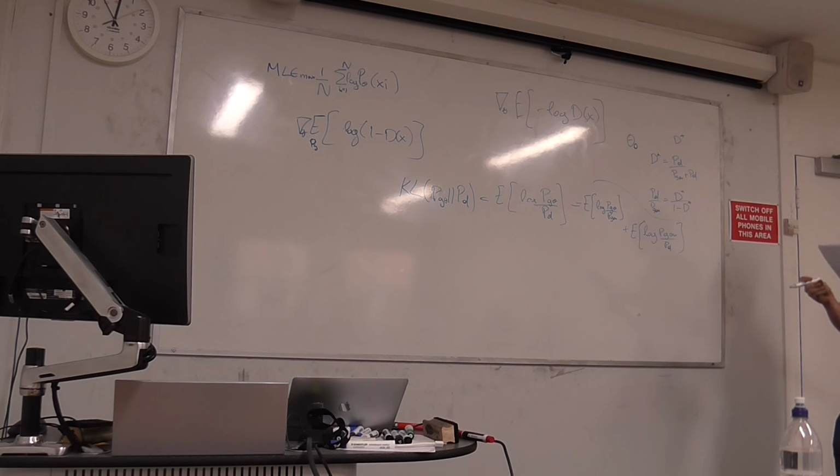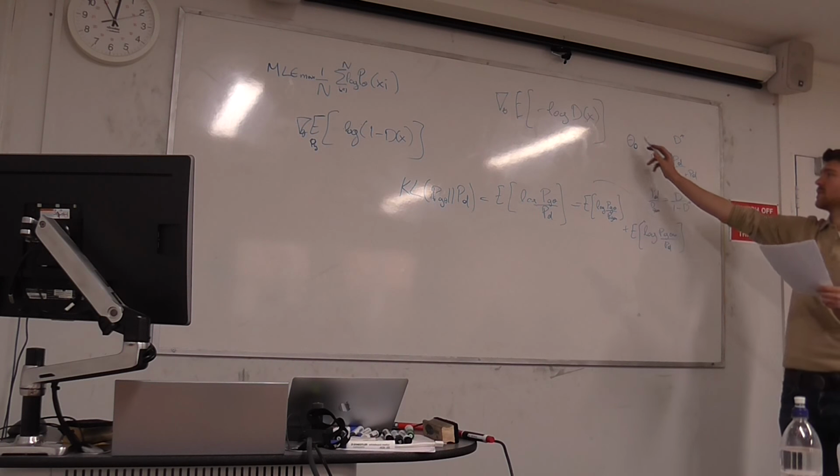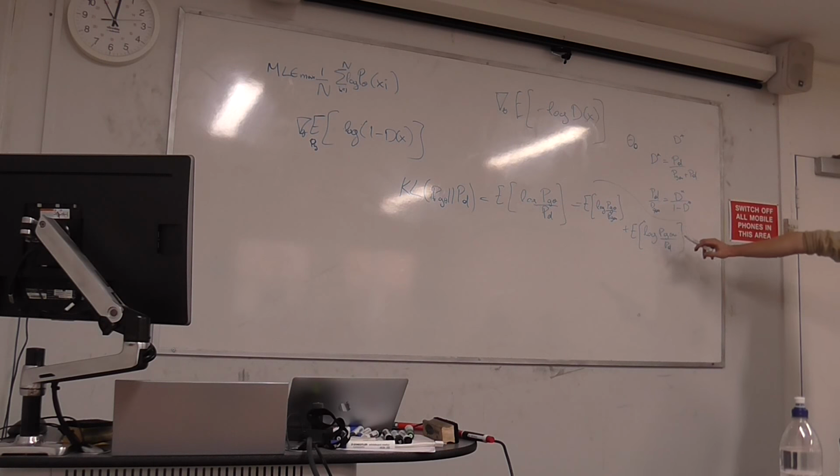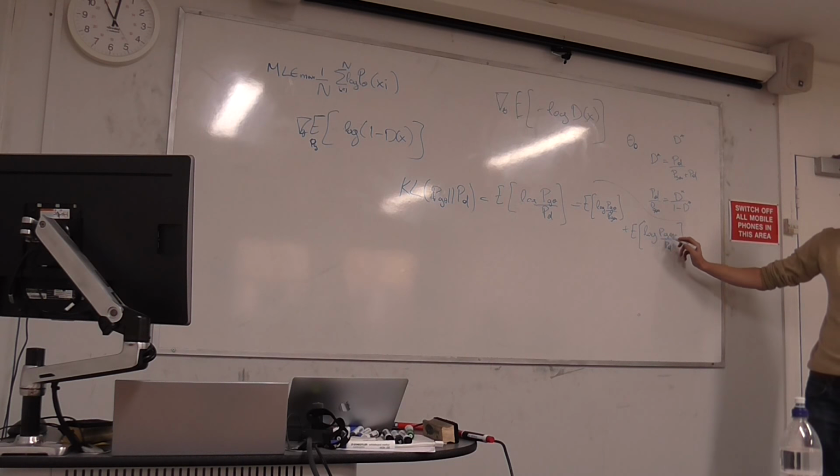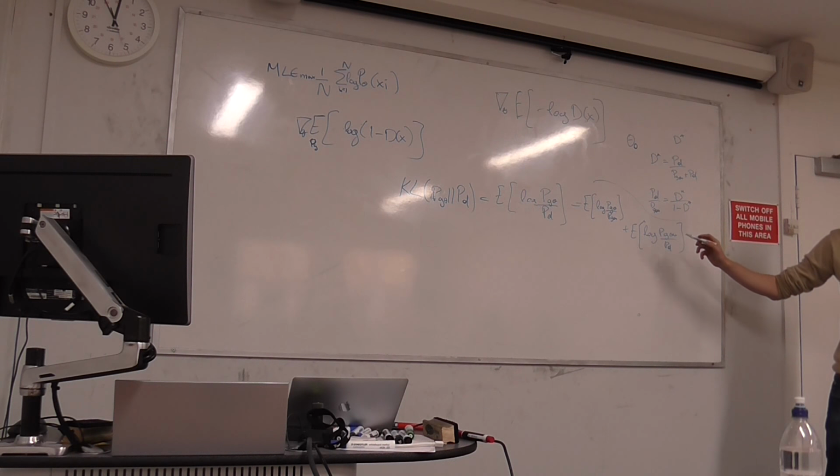Wait, what is theta 0? Theta 0 is the parameter set for which we have the optimum discriminator. So at that time we have an optimum discriminator, and this is just the distribution we get from the generator with that set of parameters.